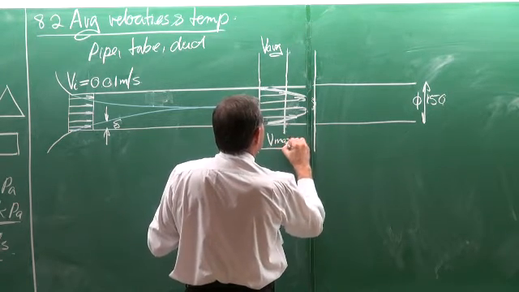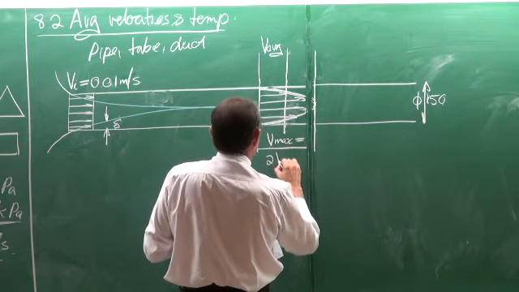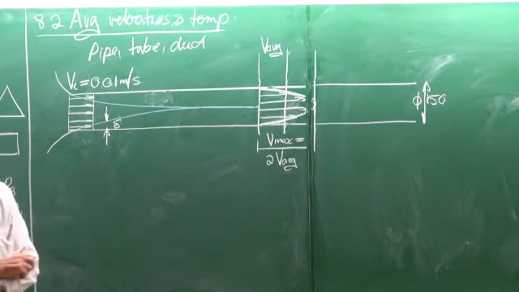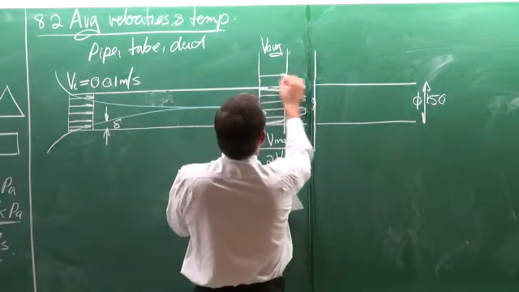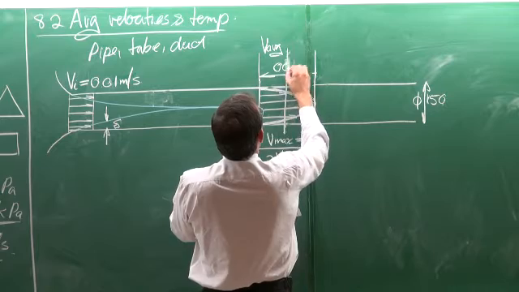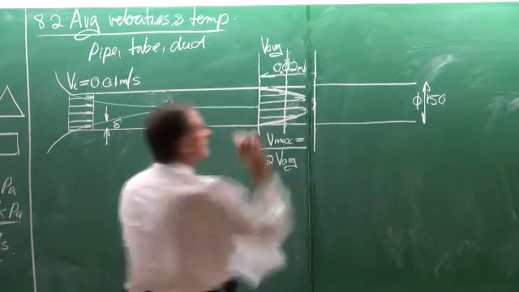And V max is equal to 2 times the average. Okay. So that velocity there is equal to 0.02 meters per second. You agree?